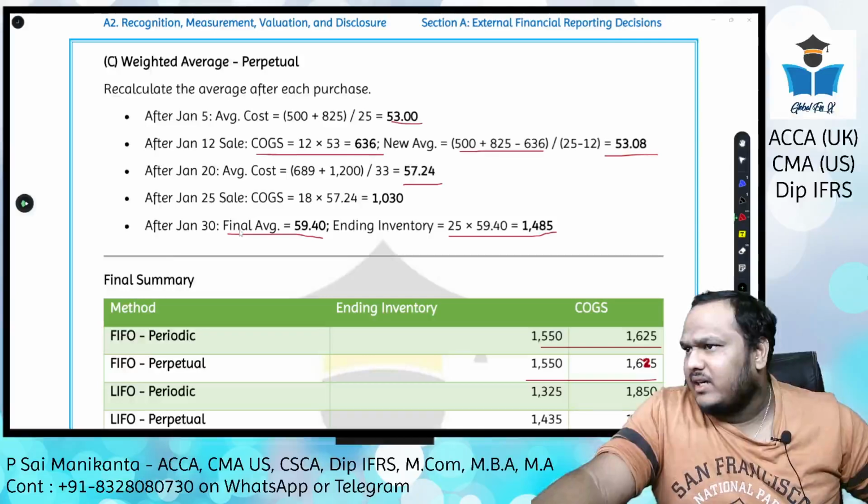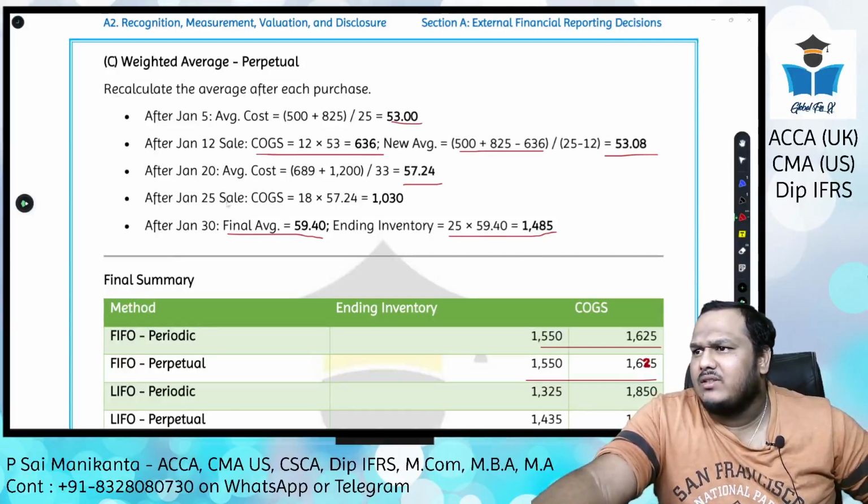Did I take the correct rate? 57, then COGS is there.